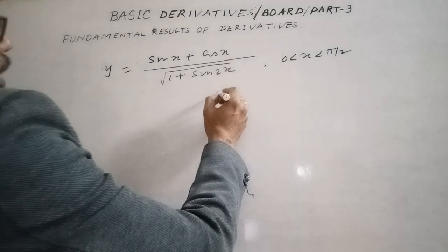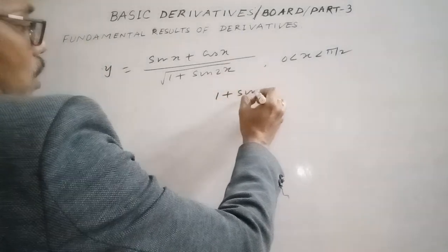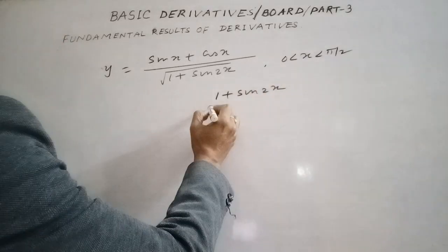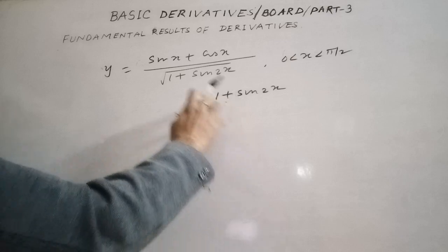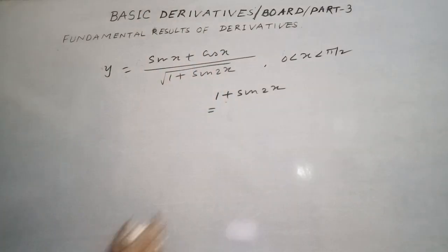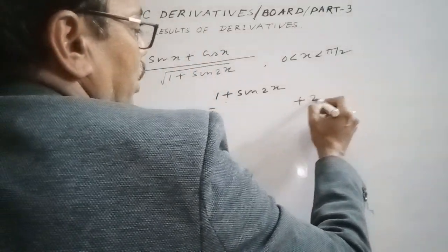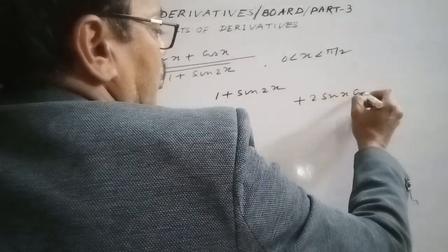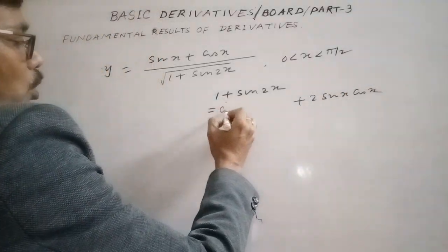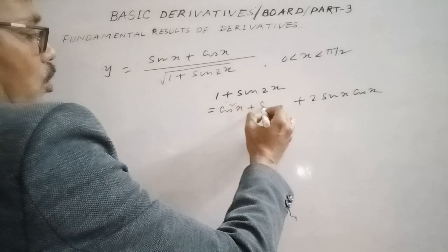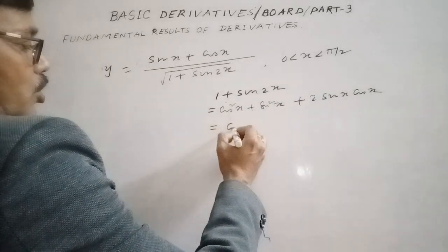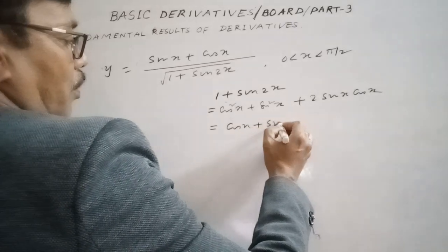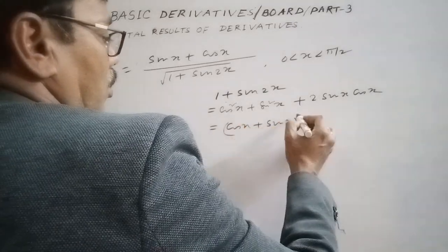So try to recall, it is a problem of compound angle. Our main aim will be to remove the root over sine. So sin 2x is 2 sin x cos x. And for 1 you can write cos square x plus sin square x.